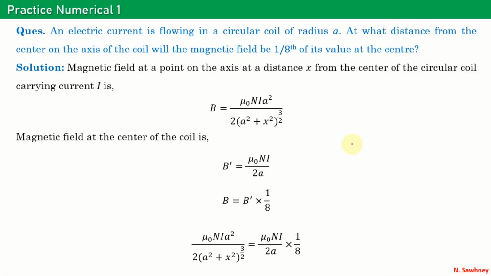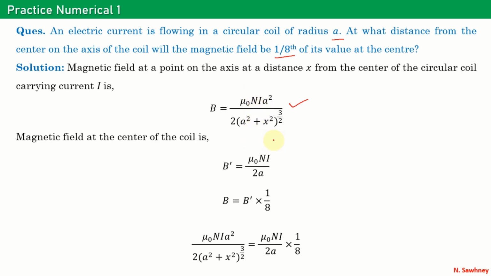Let us attempt one numerical. An electric current is flowing in a circular coil of radius a. At what distance from the center on the axis of the coil will the magnetic field be 1/8 of its value at the center? We have just derived that the magnetic field at a point on the axis at a distance x from the center of the coil carrying current I is represented by this formula. Here we are taking n as 1.